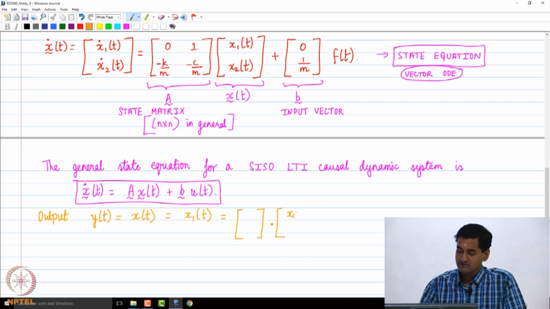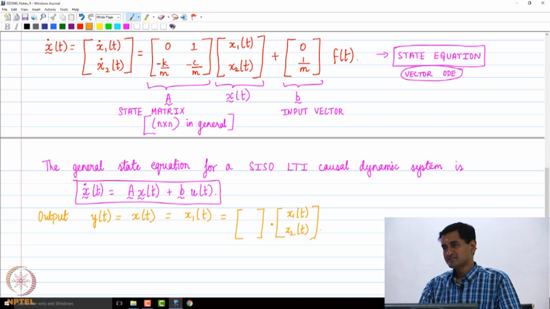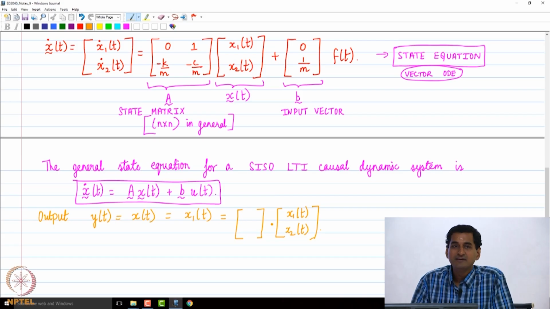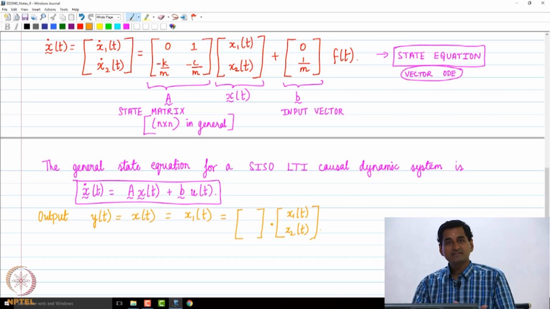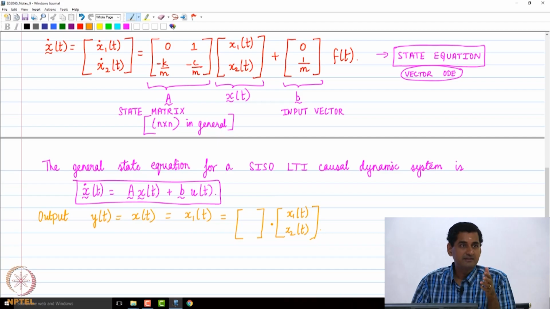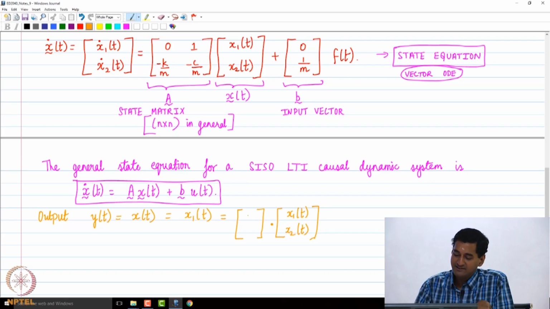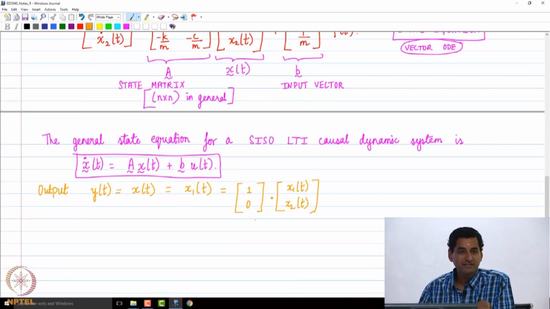Okay. So, in this example, my output is a displacement x, which is the first state variable. Suppose I want to generalize, and rewrite it as some function of the state vector itself, right. How can I extract x1 from the state vector x1, x2? If I take the dot product of 1, 0 with x1 and x2, do I get x1?